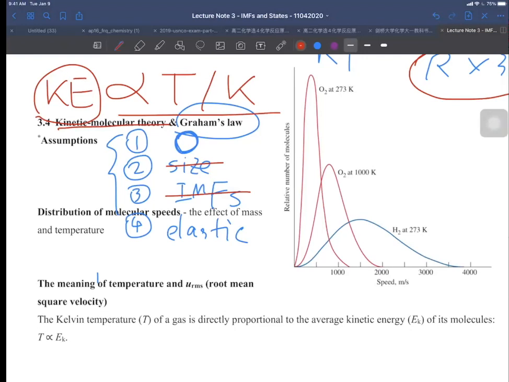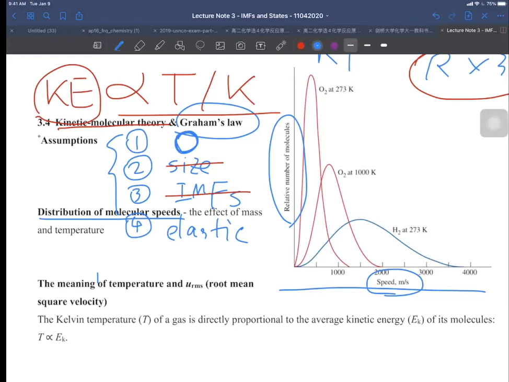The second one is the distribution of the molecular speeds. For a gas, not all of the gas molecules have the same speed. There will be a distribution. For example, here the x-axis is the speed, and the y-axis is the relative number of molecules with a certain speed.